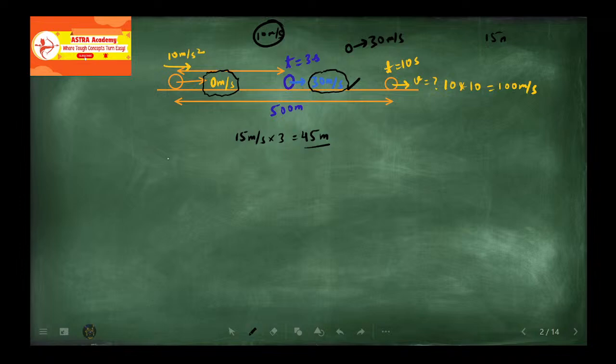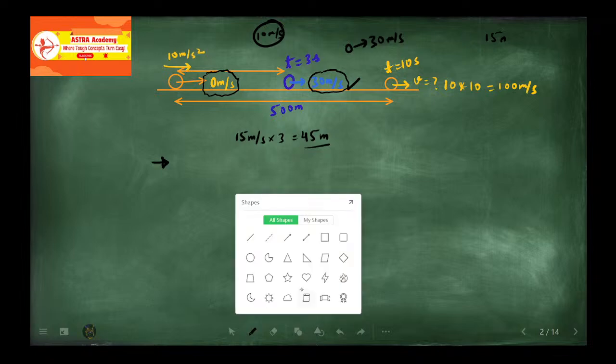Okay. Now let's move forward. Let's take an example of motion under gravity.